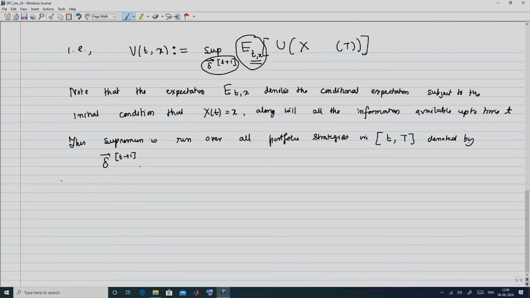All right. So, now let us introduce a new notation after the optimization is done.